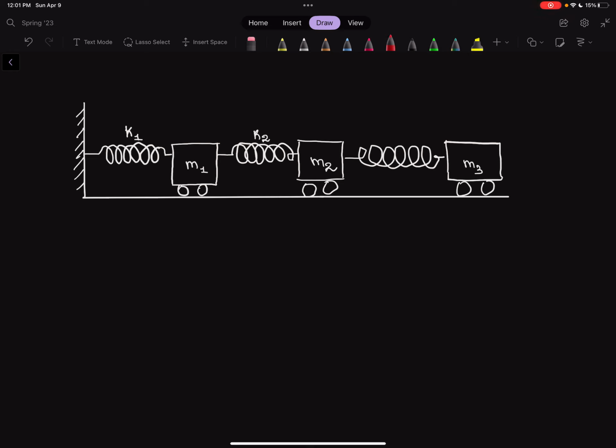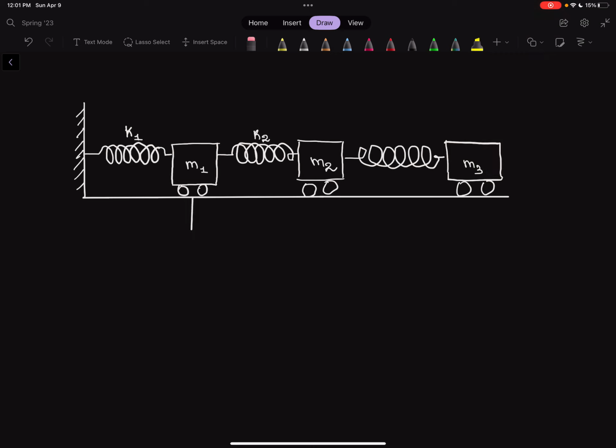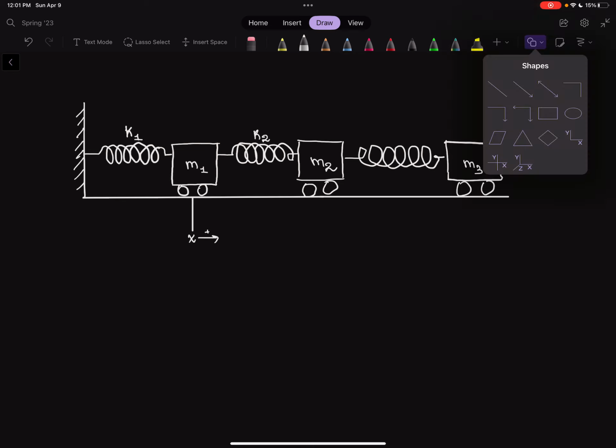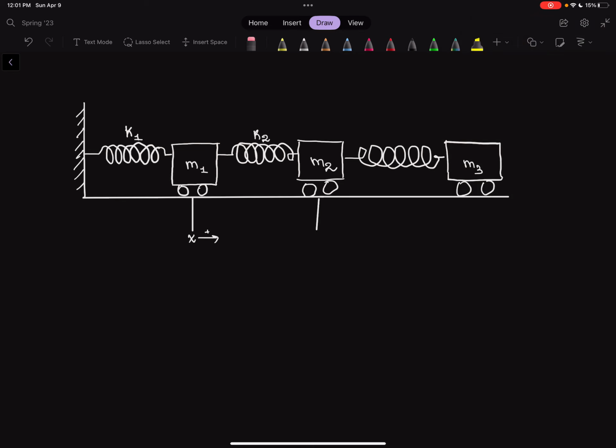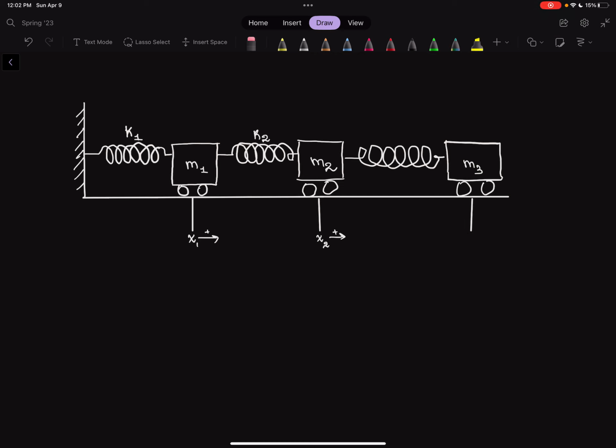Now let's imagine that this is the equilibrium x, positive this way. Same for this one, say this is x1, this is x2, positive this way, and the last one right here is x3, positive this way.